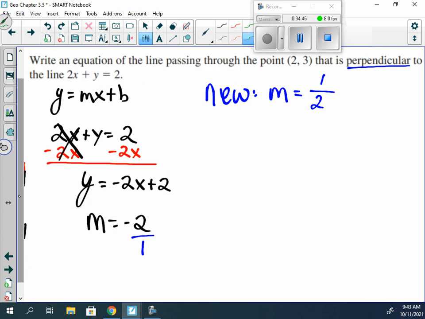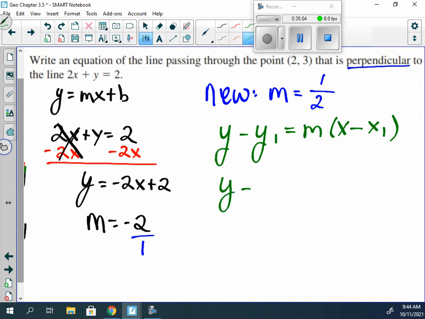Questions on this here? So we'd have y minus y1 equals m times x minus x1. So y minus, again, our point that they gave us was 2, 3, x comma y.